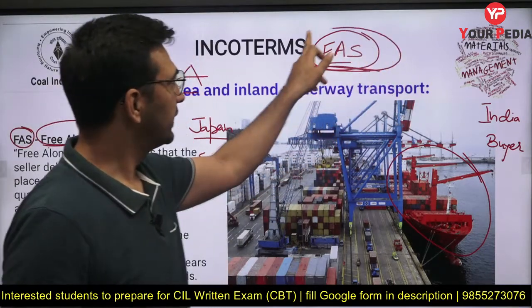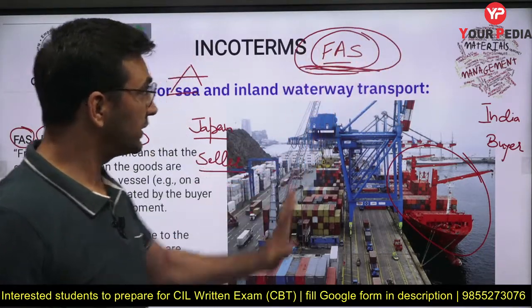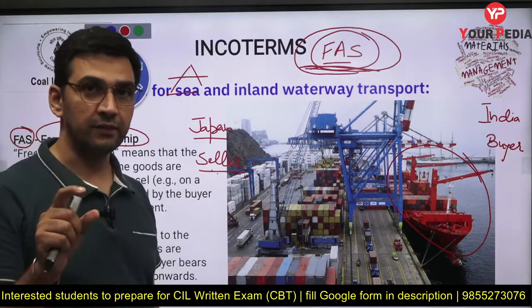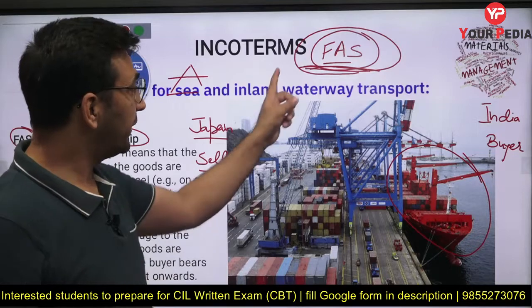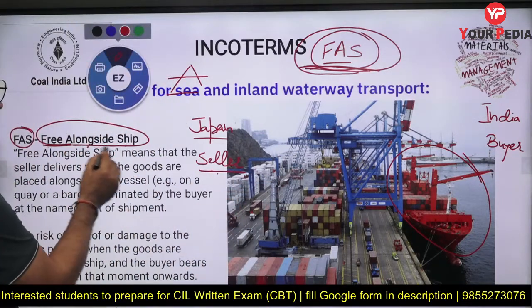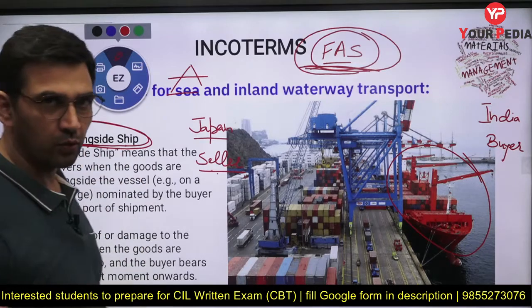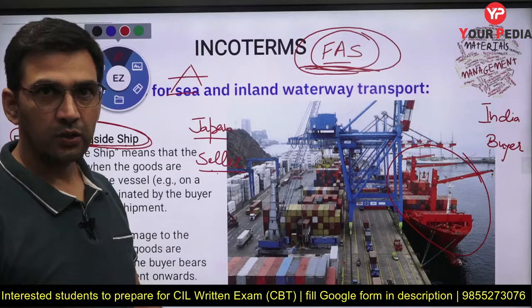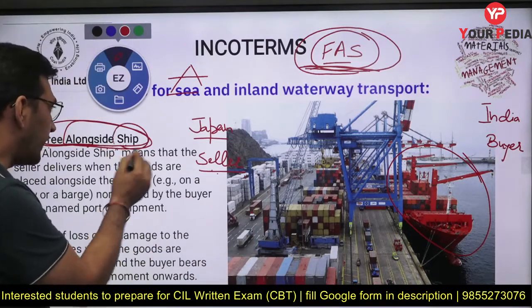So FAS, what does that mean? It means that the seller has the responsibility to bring the goods to the location alongside the ship. You already know, you just have to bring the goods and keep them alongside, that's all. Alongside what? Of the ship.